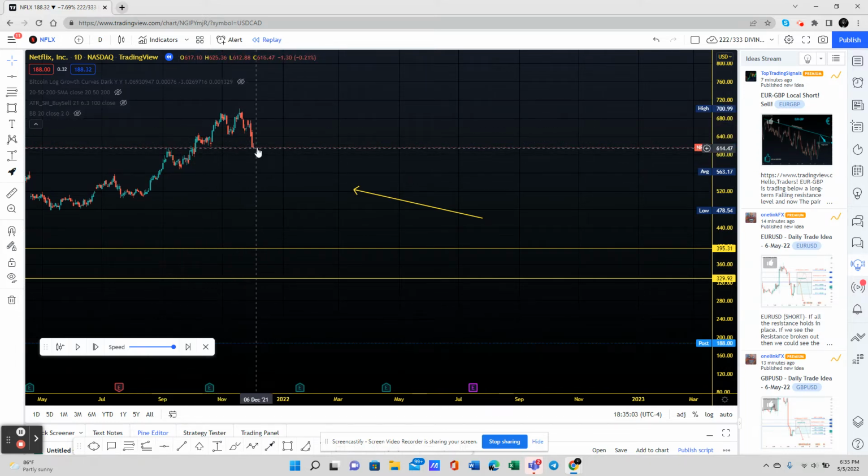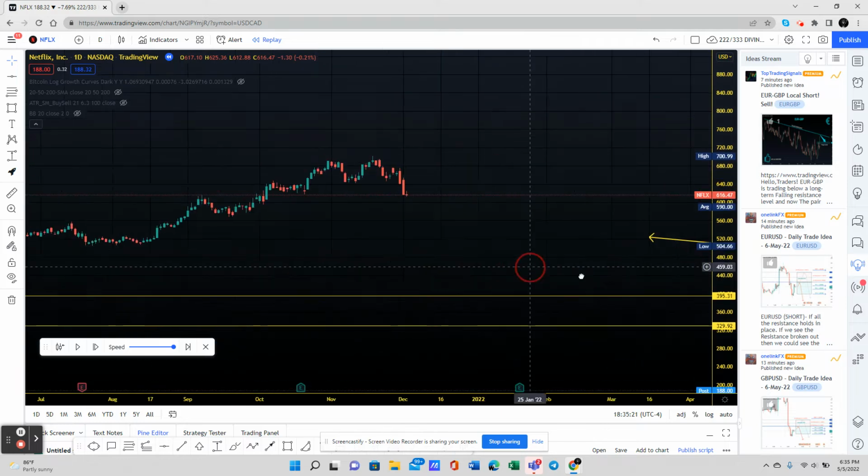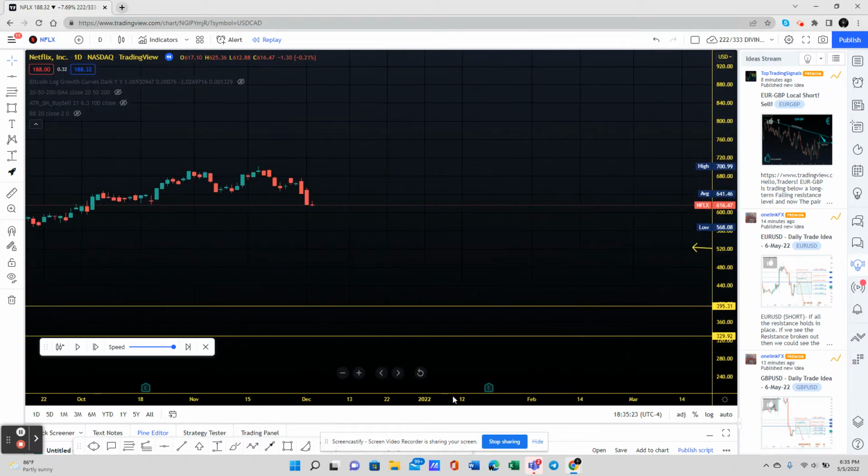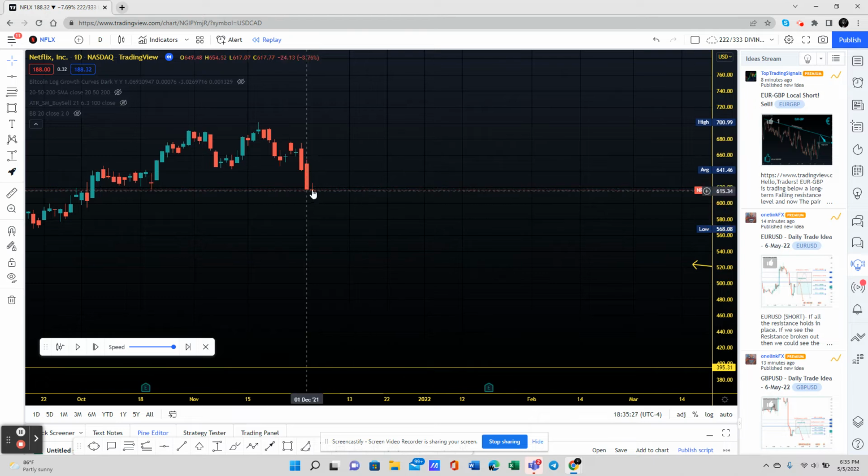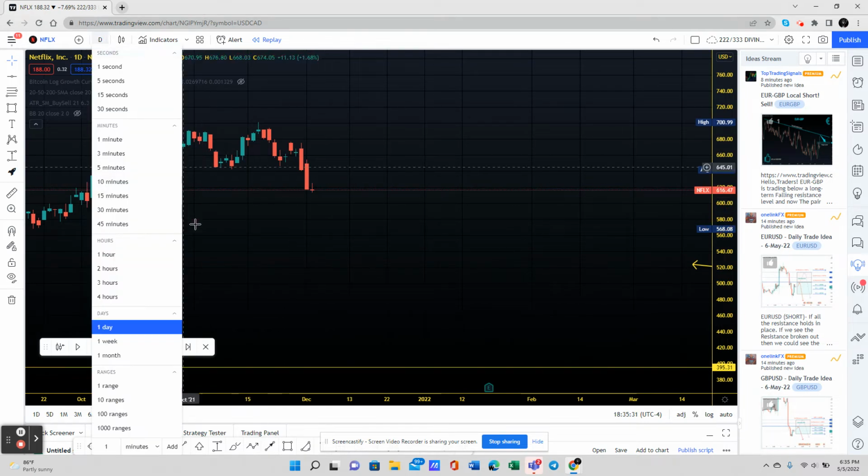You do not know what's going to occur later. We can make assumptions, but sometimes what gets us in trouble is trying to trade a single candle and not taking things into consideration. Now we're on a daily chart, so of course everything is going to be compressed. That's why sometimes it's very great to go down to a lower time frame, which we will do right now.